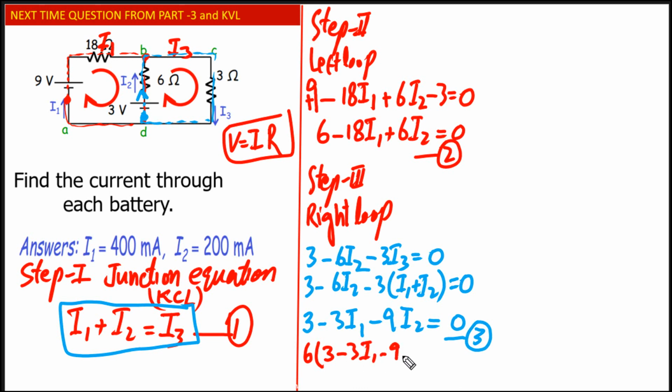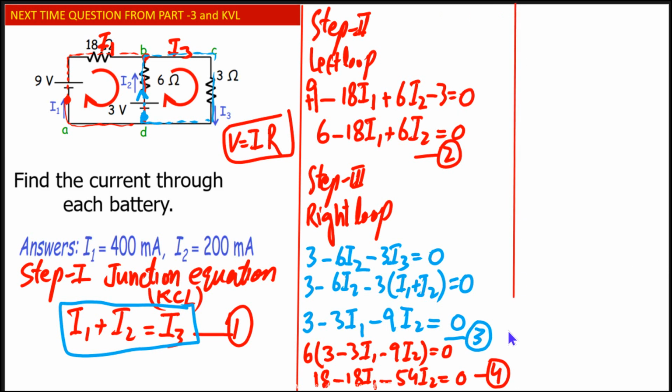If we multiply 0 with 6, again you will get 0. So what we will get here is 18 minus 18I1 minus 54I2. So let's say this is equation number 4.